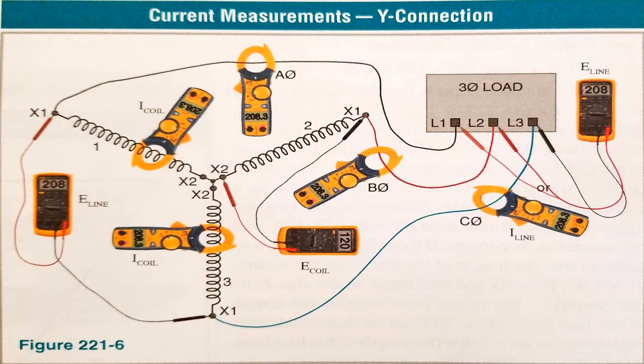And this picture, just like the earlier one, illustrates the same. You'll see that I have 208 volts across each line. And if I were to take my meter between one end of the winding and the center point, I only have 120 volts.